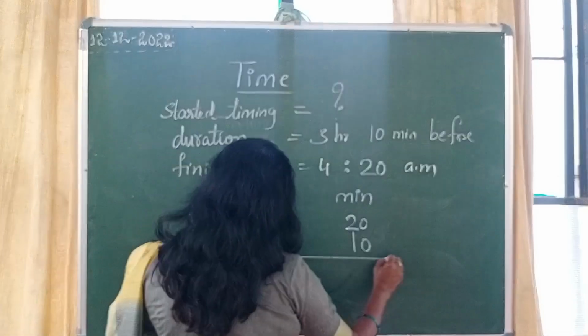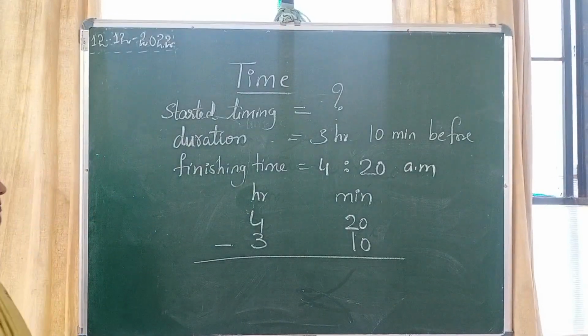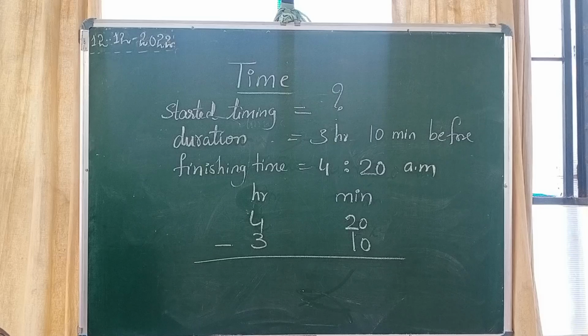Okay. So now what we have to do here? In 4 hours 20 minutes, you have to subtract 3 hours 10 minutes.